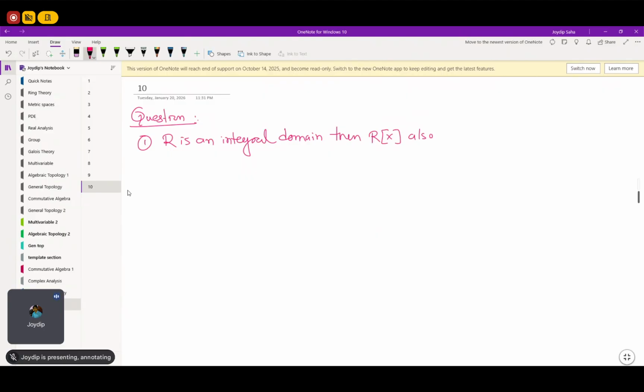So similar questions will arise: if R is a Euclidean domain, then Rx is also; if R is a PID, then Rx is a PID; if R is a UFD, then Rx is a UFD. So similar questions. We'll answer all these things. Right now it is not a question, I want to prove it. Okay.